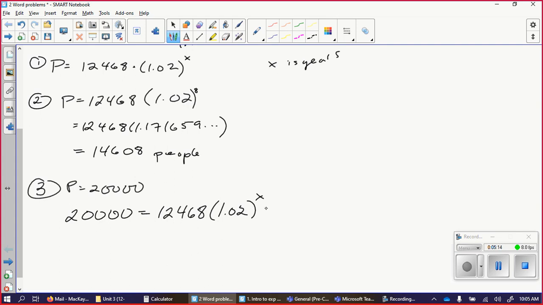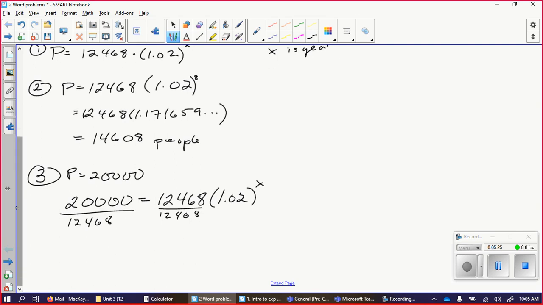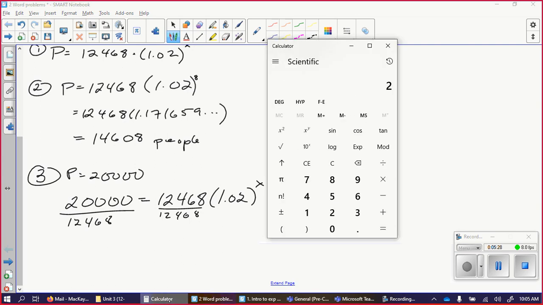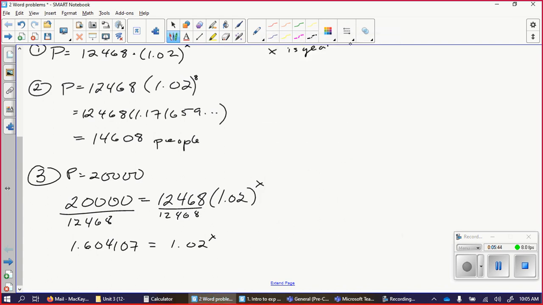Well, I can't do anything right away. I can get the exponential on its own by dividing. We get the exponential on its own. Now we have the skills.